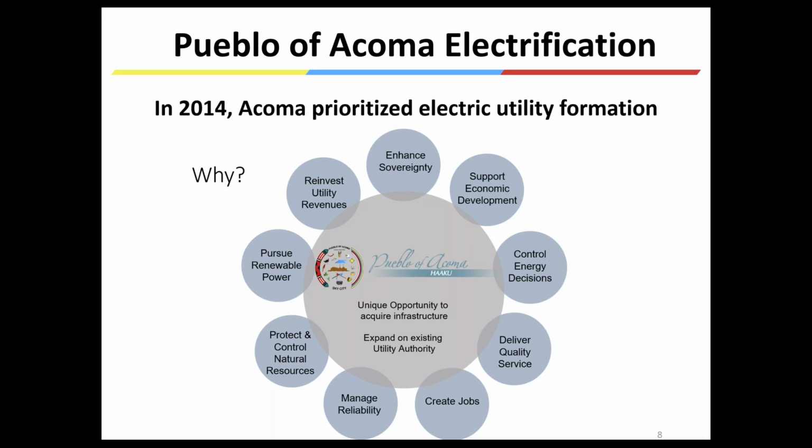Each year, the total load, the total payment that goes out to the co-op is around $3 million. And now with our own electric utility being formed in a few months, this revenue will be able to stay within the community, helping out other things such as tax revenue and things of that nature, which really falls into creating jobs, managing reliability, and the big one is being able to pursue renewable power. Next slide, please.